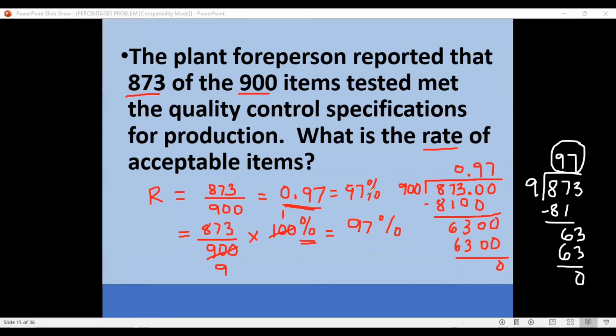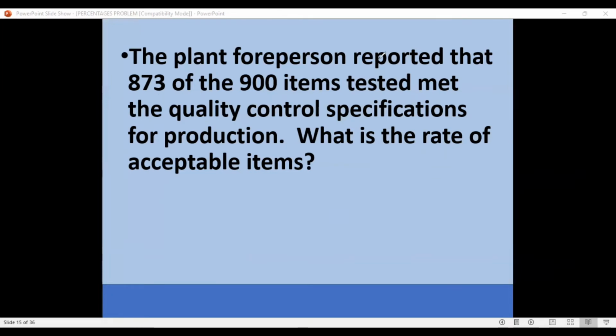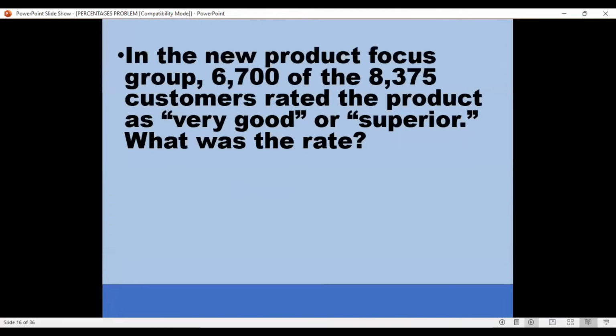After having the decimal number, multiply that by 100, and you have the rate. Or you could divide the percentage by the base but multiply it already by 100% so that the final answer is already given in percent form. Okay, so that is how we solve for the rate. Let's look into some other examples.